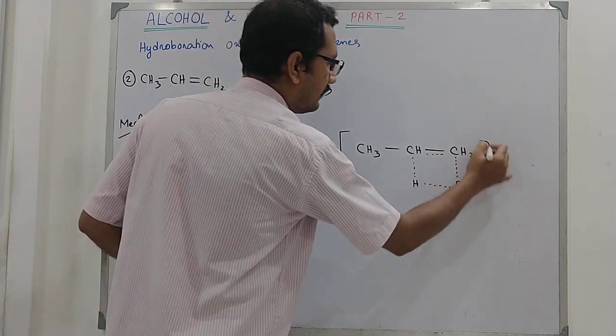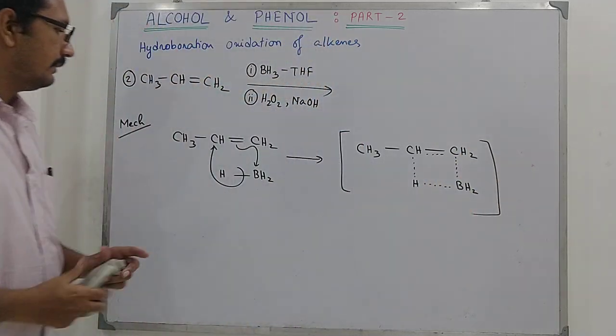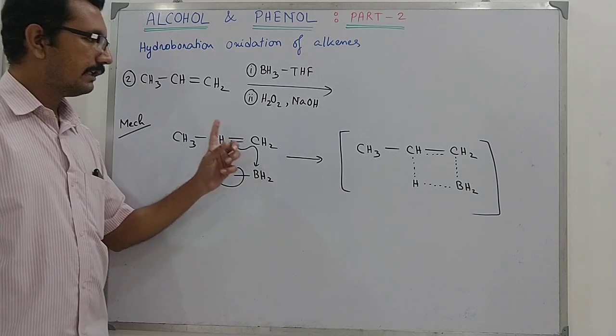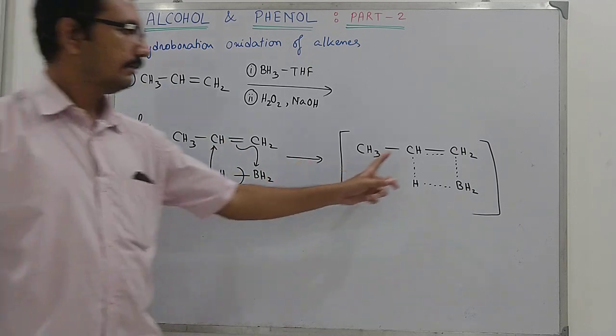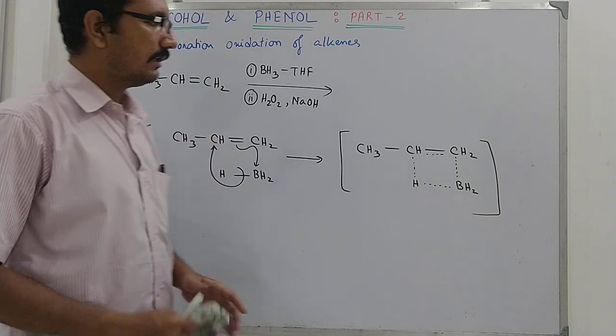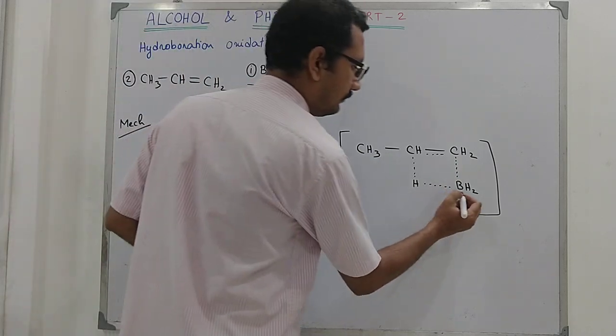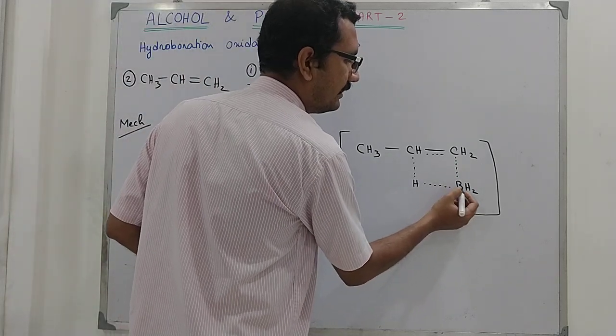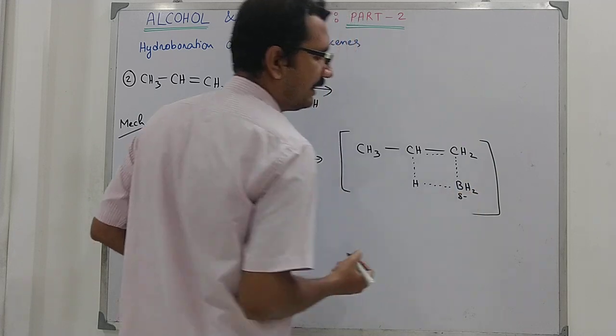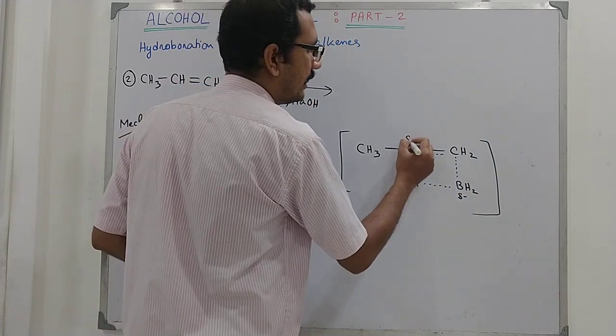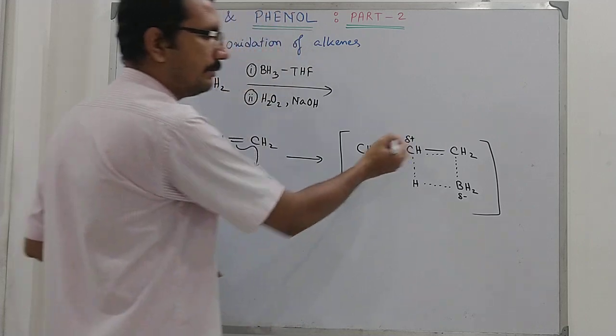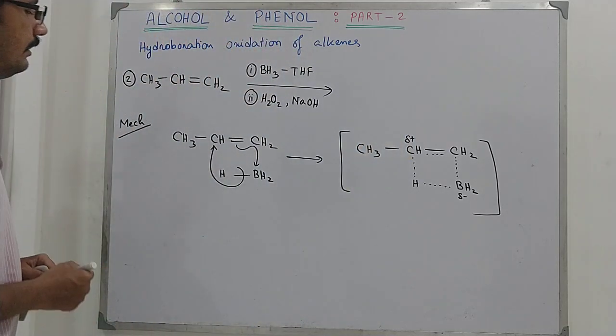Now see, in the transition state, all the bonds that break and all the bonds that form are symbolized by these dotted lines. And owing to the Lewis acidity of this boron, there will be a delta minus here and a partial positive charge at this carbon atom.